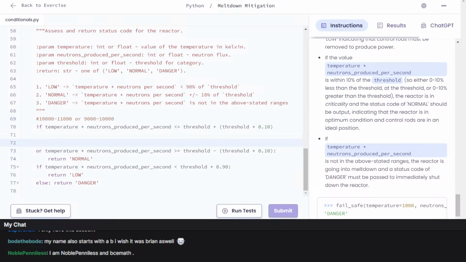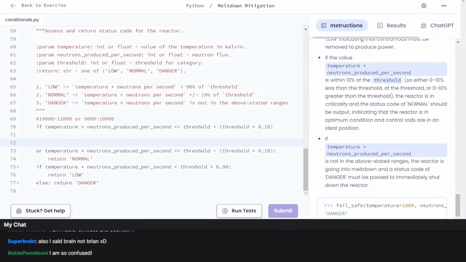But he's a different Brian, but... Superbrain says also I said brain, not Brian. Oh, yeah. Okay, sorry, you did say brain. Oh, can't read. Never mind.